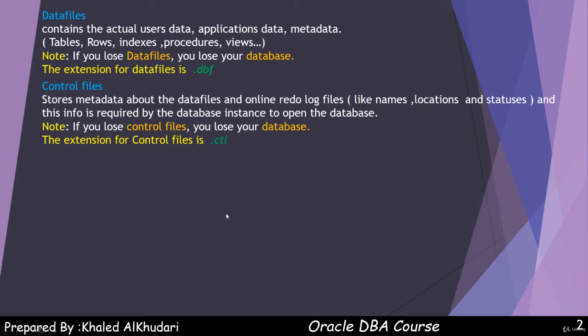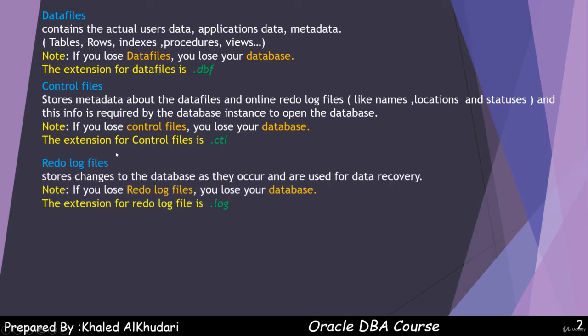It's very important: if you lose the control files, you also lose your database. The extension for the control file is .ctl.